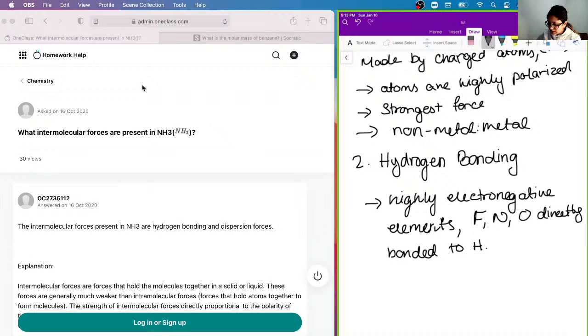The bonds possess covalent character, since fluorine, nitrogen, and oxygen are all nonmetals. The difference in electronegativity between these atoms and hydrogen makes the molecule partially positive and partially negative, with positive and negative charges on opposite sides.